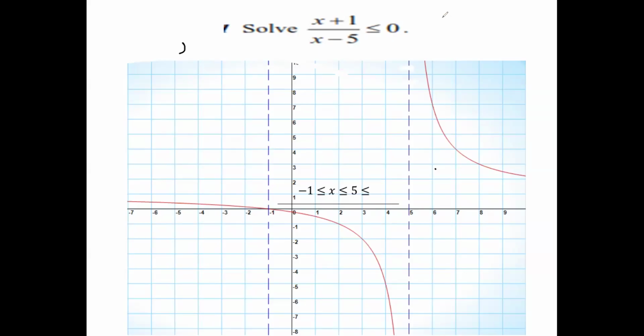Down here, (-1 + 1)/(-1 - 5) equals 0. You all follow me? So the expression is equal to 0 when x equals -1. So yes, you can put equal to -1 here because it does satisfy the inequality.